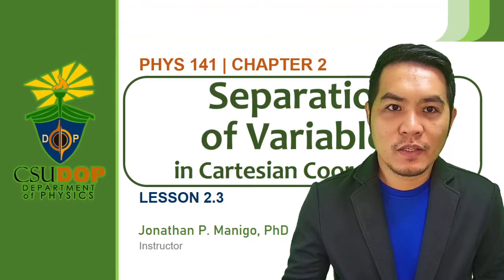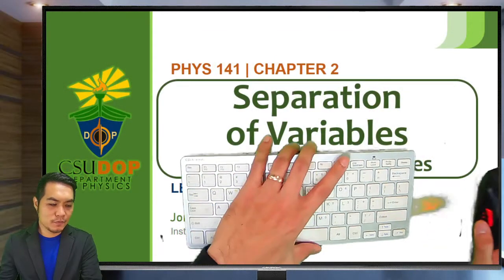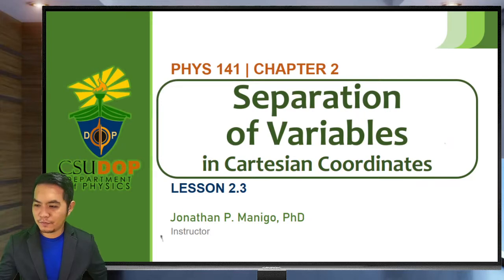Our lesson for this session will now be on the separation of variables. We will divide the separation of variables lesson into two, in Cartesian coordinates and in spherical and cylindrical coordinates, because this is a very long discussion.